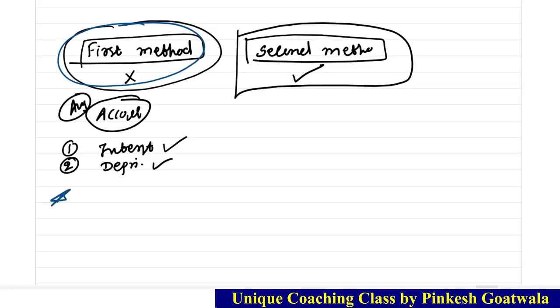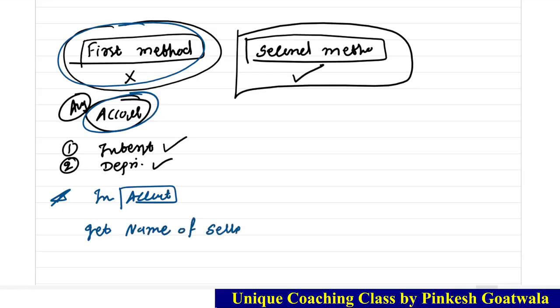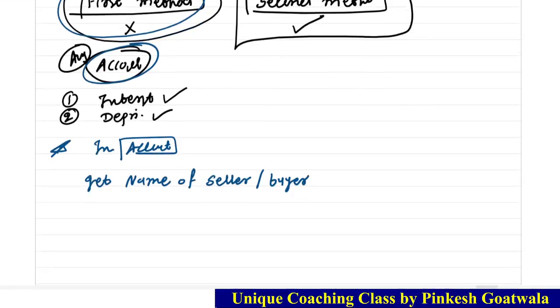Rules: if in any account, whatever accounts are given, remember normally they give accounts in the first method. So in the account, if you get the name of the seller or buyer, okay, in the account if there is an entry of seller or buyer, name means entry indirectly.